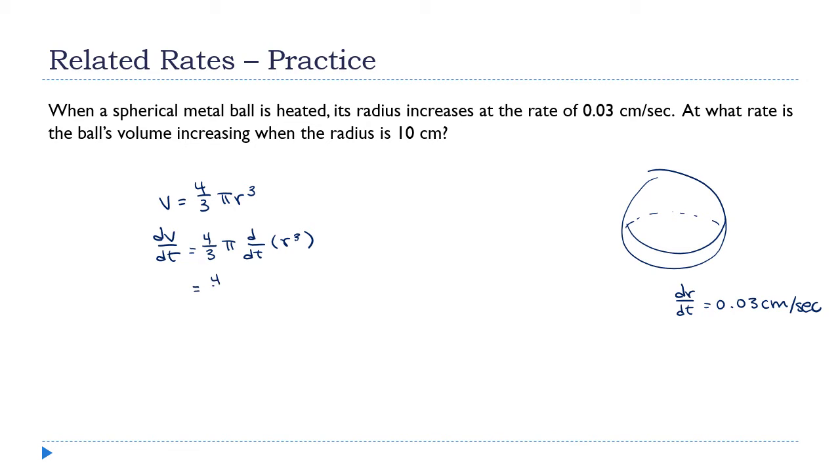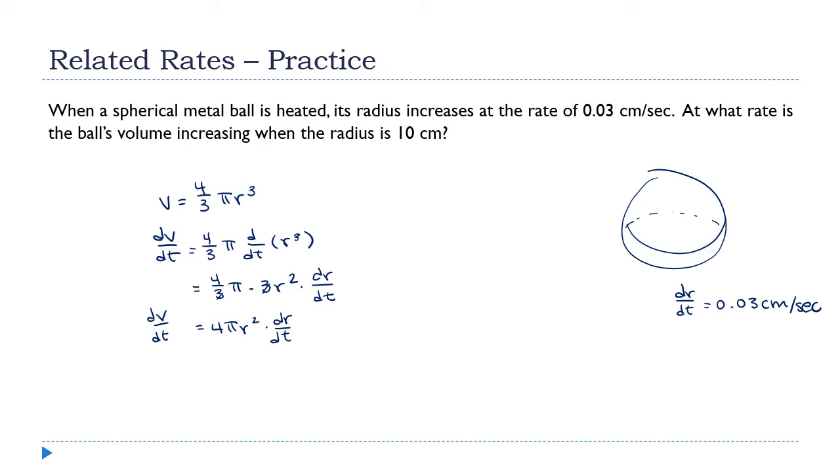This is going to be 4/3 pi times 3r squared times dr/dt. Whoops, this didn't reduce my exponent. 3r squared. I said it, but I wrote it wrong. So let's simplify, cancel some stuff here: 4 pi r squared times dr/dt, and this is my dV/dt.